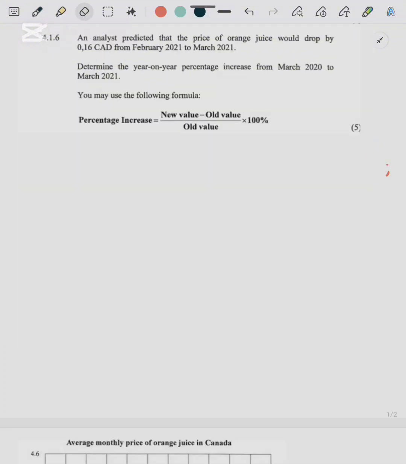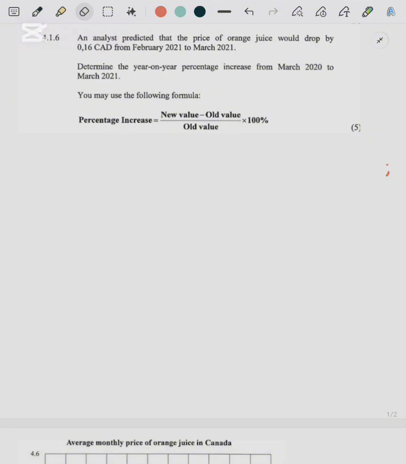All right, and then our last question, 4.1.6, says that an analyst predicted that the price of orange juice would drop by 16 cents or 0.16 Canadian dollars from February to March 2021. Determine the year-on-year percentage increase going from March 2020 to March 2021. And they tell us you may use the following formula, which is our normal percentage increase formula, new minus old over old times 100.